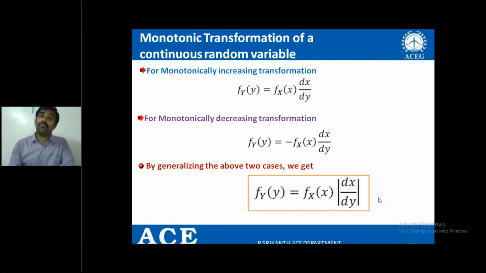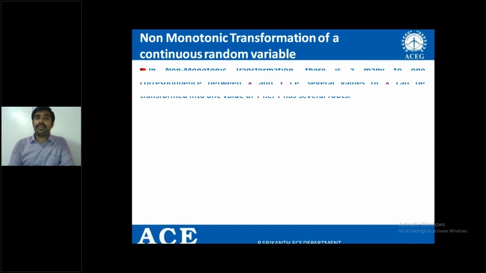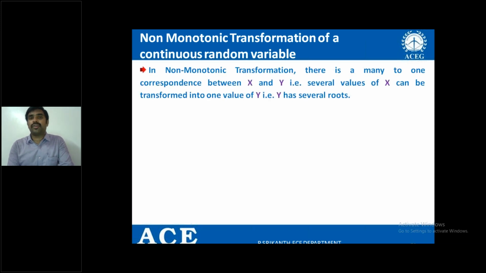Let us take non-monotonic transformation. What do you mean by non-monotonic? Monotonic in the sense maybe increasing or decreasing. Non-monotonic means, in a non-monotonic transformation, there is a many to one correspondence. Earlier we had only one to one correspondence, that is, a new random variable element y naught is in correspondence with only one element in x, that is x naught.